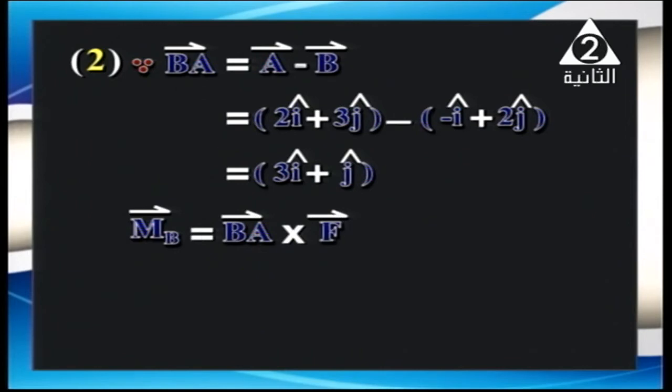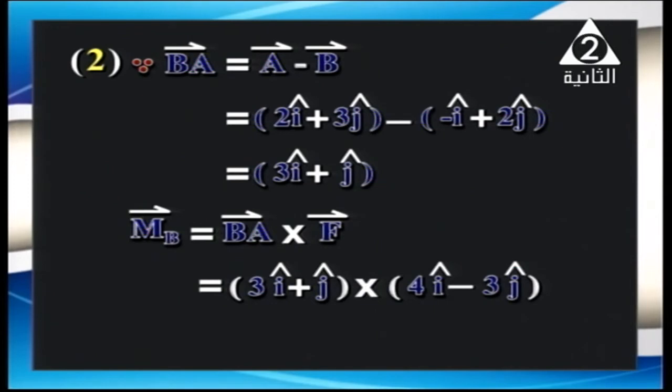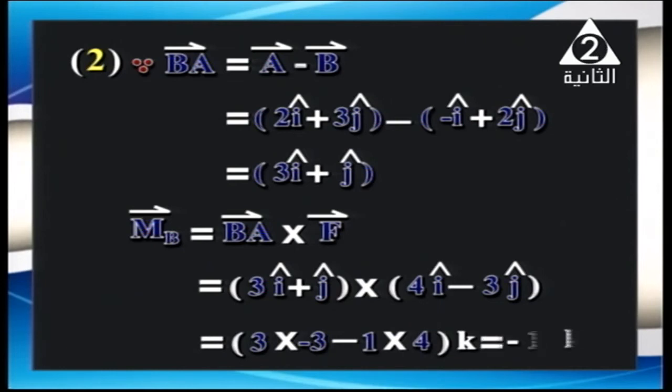BA vector equals 3i plus j cross F vector 4i minus 3j. We multiply 3 times negative 3 minus what? Excellent student, 1 times 4, k vector, which equals negative 13k. Therefore, the moment vector about point B equals negative 13k.